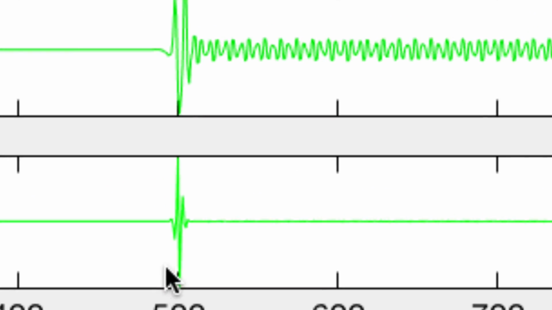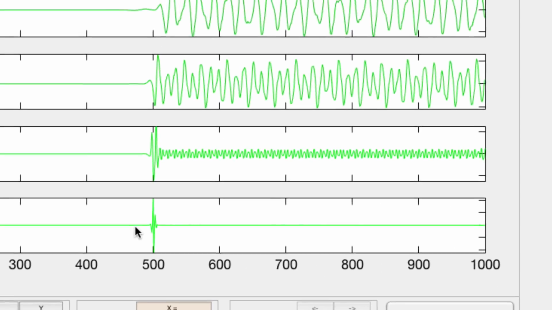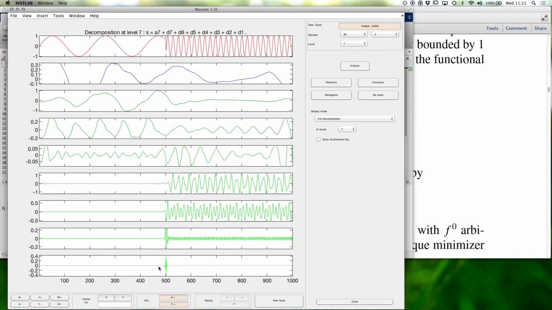So to describe discontinuities, we need all wavelets down to the smallest detail. But as you see, to the left and to the right of the discontinuity, on the smallest scale, we have just zeros. This is because of so-called vanishing moments. It depends on what our basic building block is in the wavelet expansion.